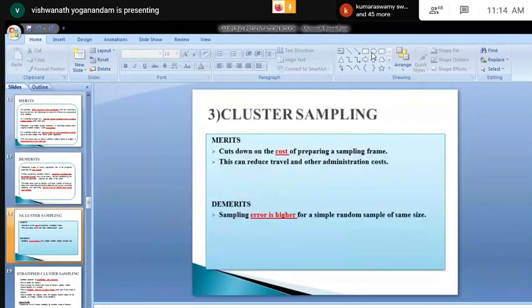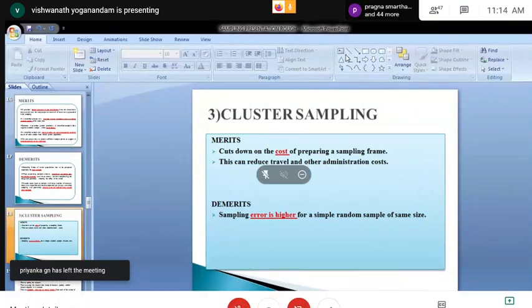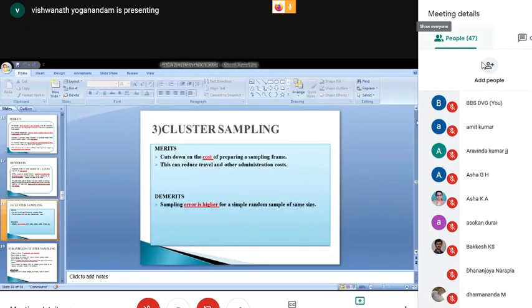Next is cluster sampling. It cuts down the cost of preparing. I will explain cluster sampling. For example, you want to analyze all the colleges in Karnataka. You cannot do all the colleges.